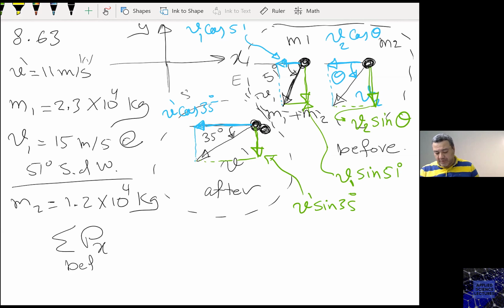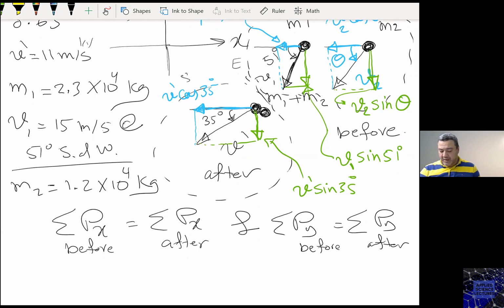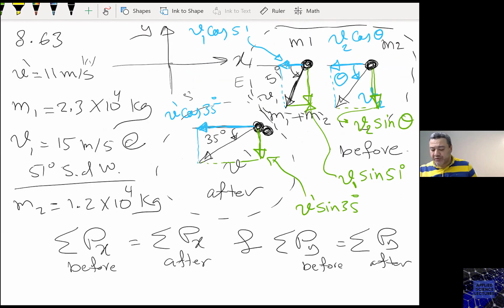So I have sigma px before equals sigma px after, and also sigma py before equals sigma py after. Let's start with the x's. As you can see here, all the x components are pointing in the negative direction.